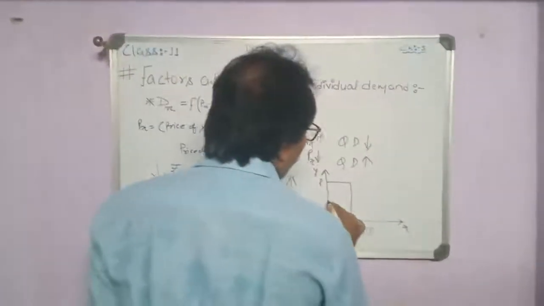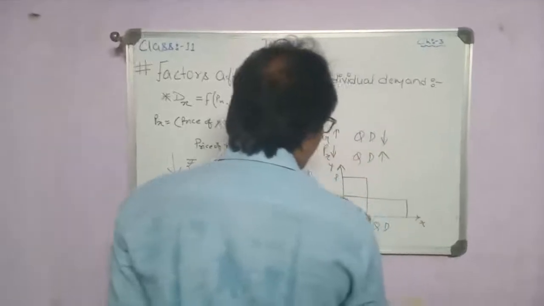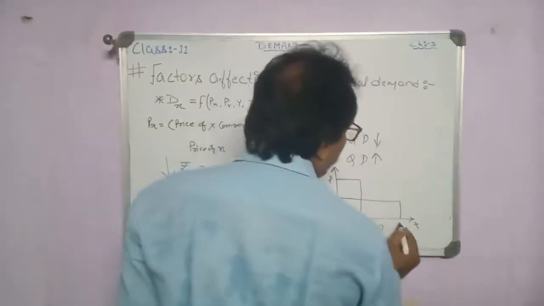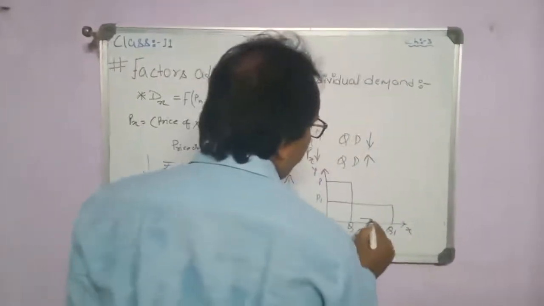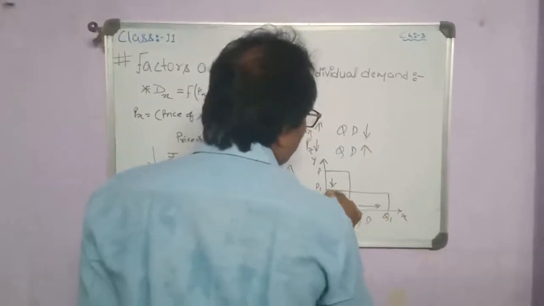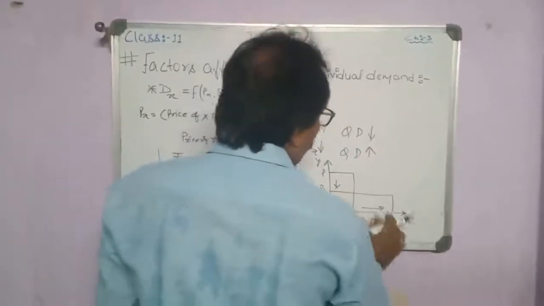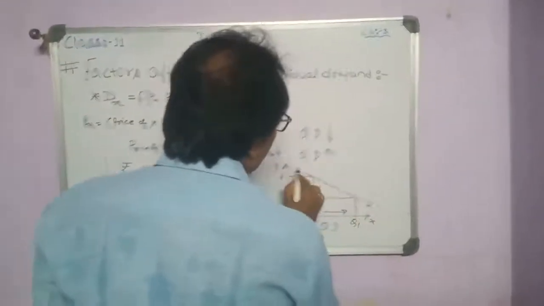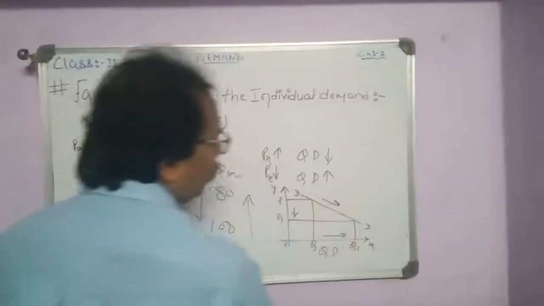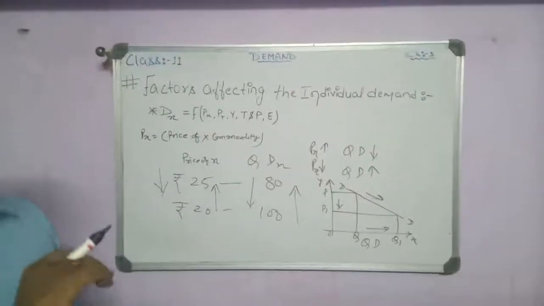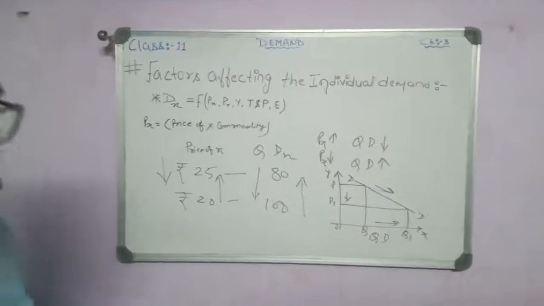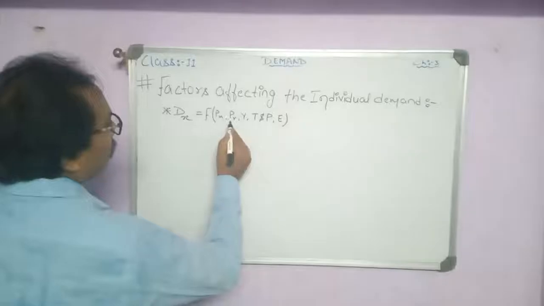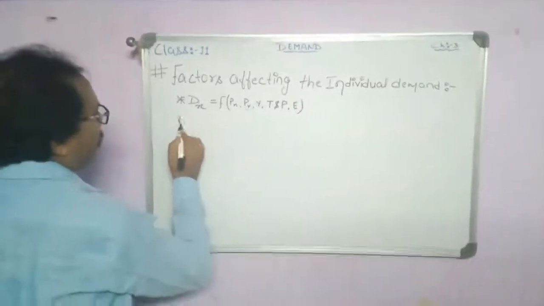But when the price falls from OP to OP1, quantity demanded increases from OQ to OQ1. So in this way the demand curve slopes downward as the price falls. Is it clear? Okay.